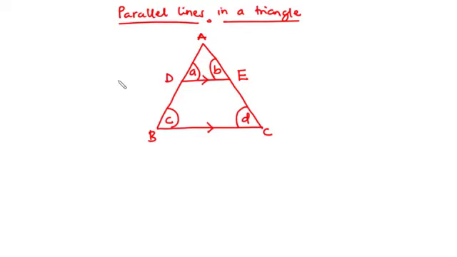Now from the angle properties of parallel lines, the angle A is equal to angle C, and the angle B is also equal to angle D. Now in this case, we say that angle A and C are corresponding angles, and then angle B and D are also corresponding angles. Now let's move on as we take an example on this.